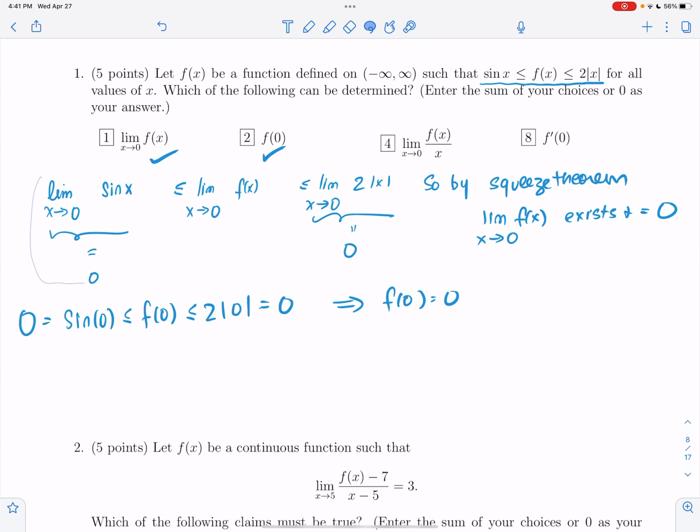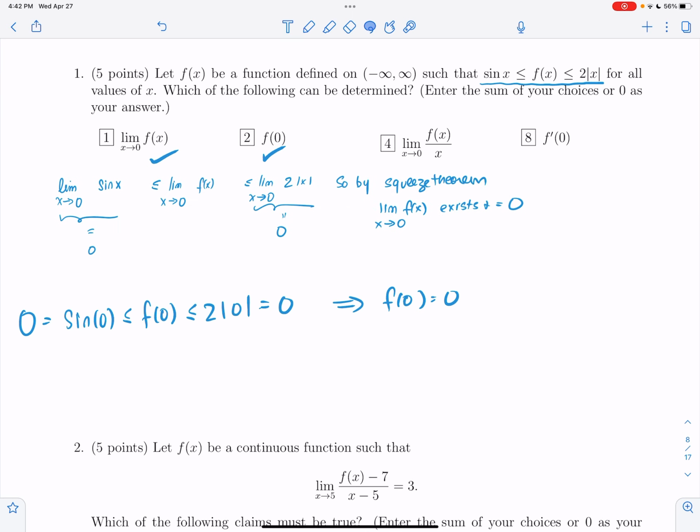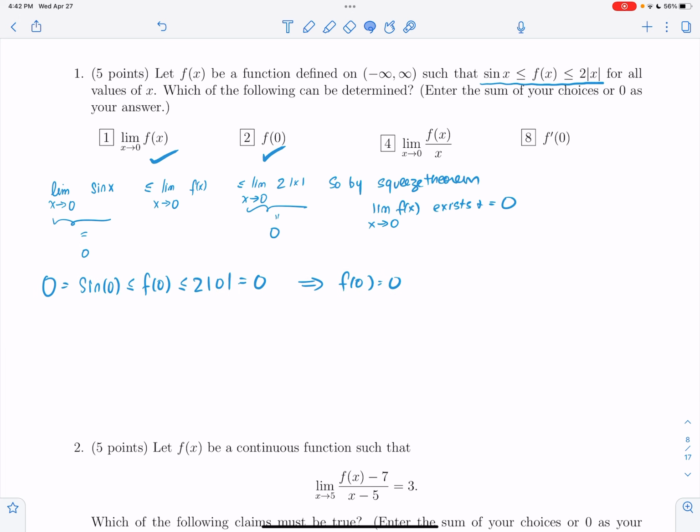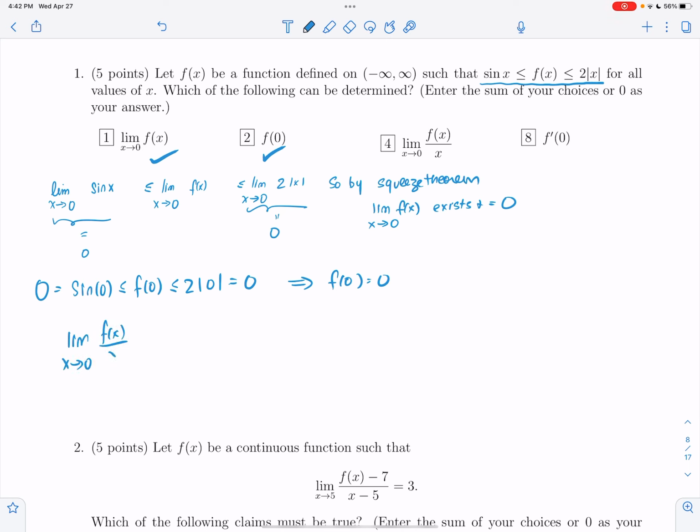Now let's look at the third thing, which says the limit as x approaches 0 of f of x over x. Okay, well, let's see. First thing, I just want to point something out over here.